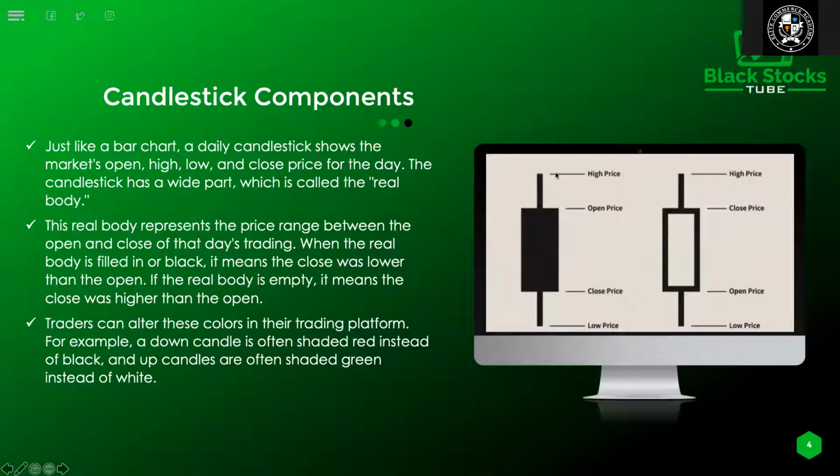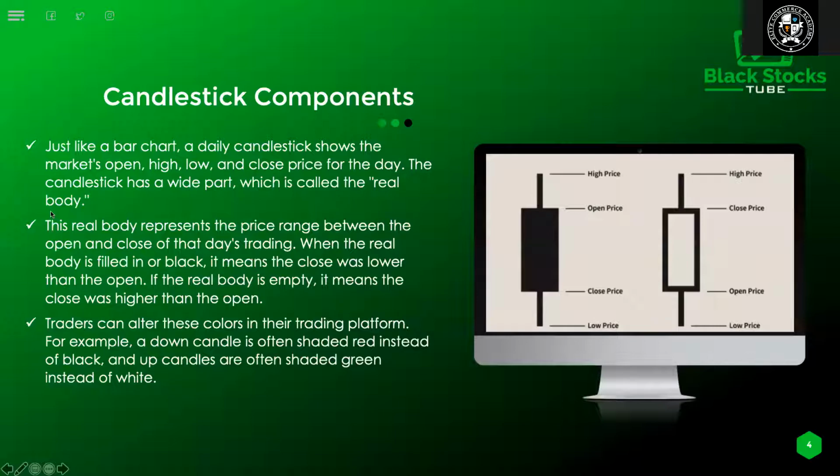The high price at the top, the open price at the top of the actual body, close price at the bottom of the body, low price at the bottom of the wick, all right? So on a green candle or a bullish candle, the open price, it opens here and then it closes here. All right. And then vice versa for the bearish candle.